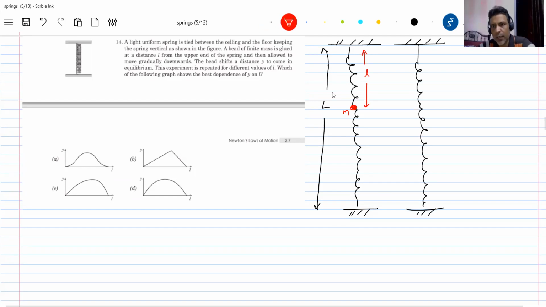So now the particle will get displaced like this. So let this be the displacement. What all the question has given, I'm just drawing the diagram related to that. The bead shifts the distance y to come to equilibrium.